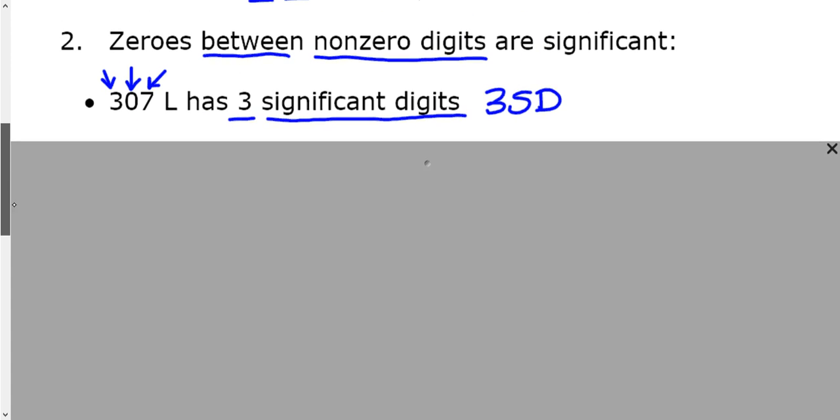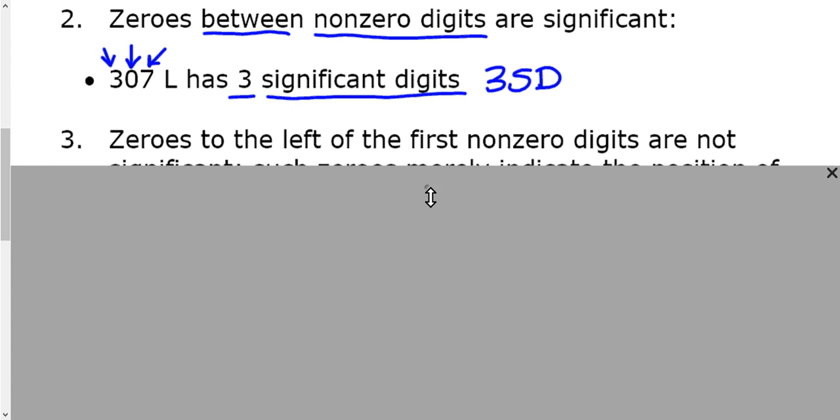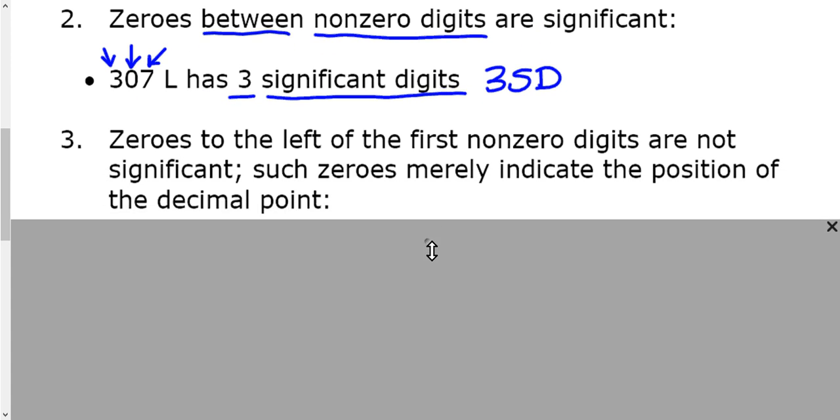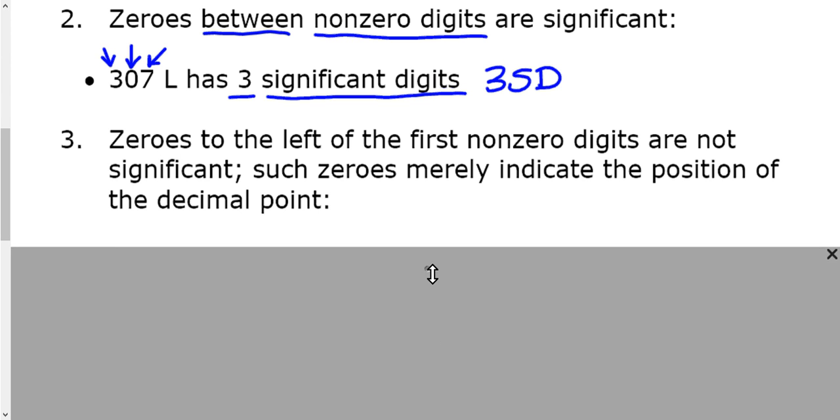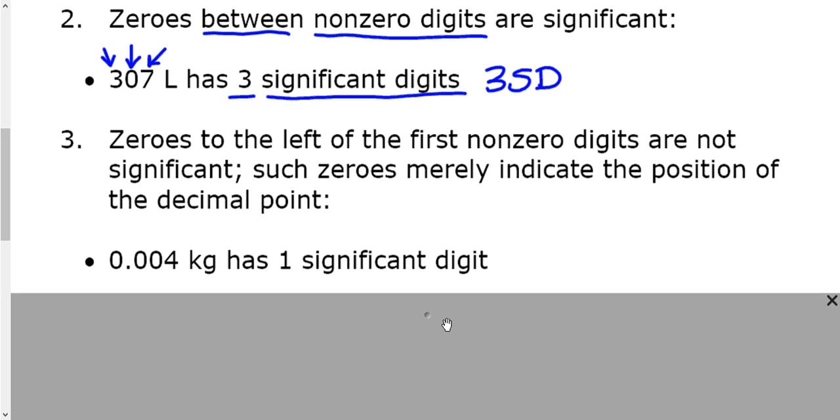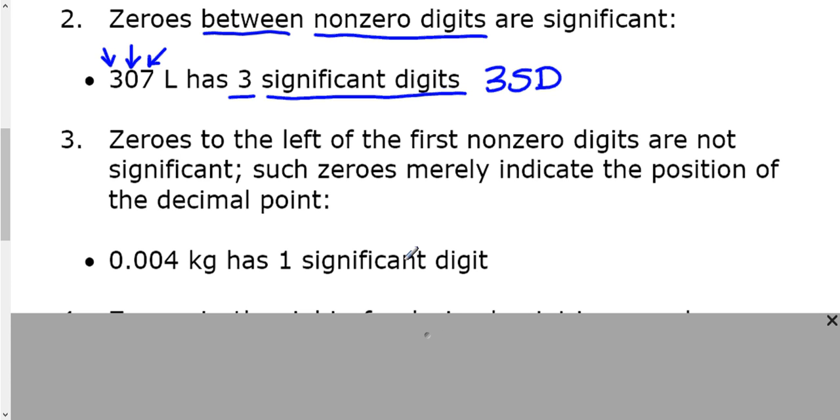Let's look at another rule. Zeros to the left of the first non-zero digits are not significant. They just help you indicate the position of the decimal point. So what does that mean? If we take a look, here's a number, 0.004 kilograms.